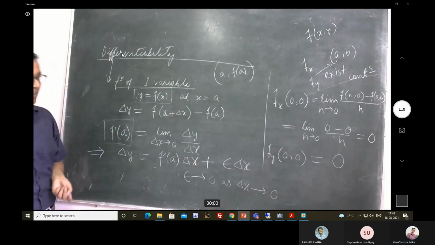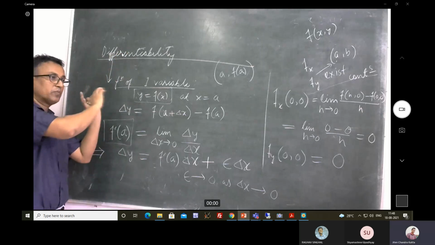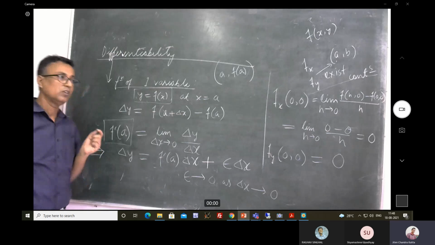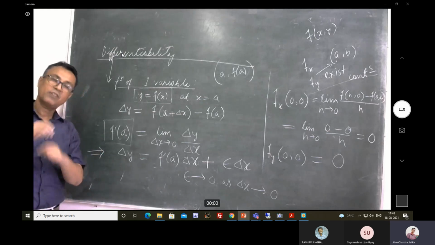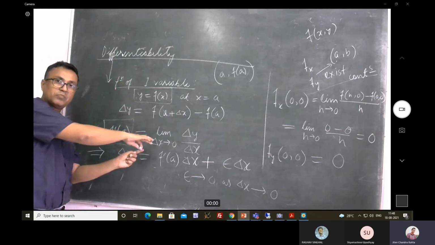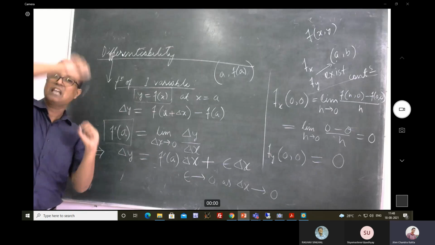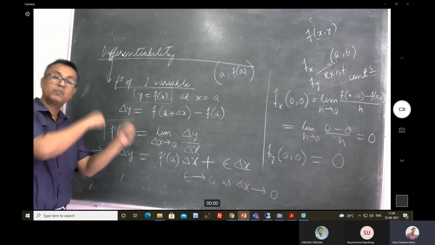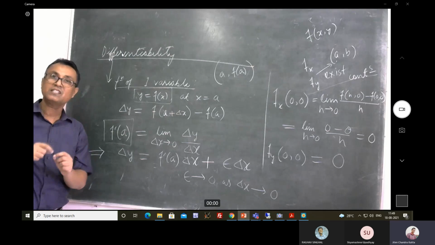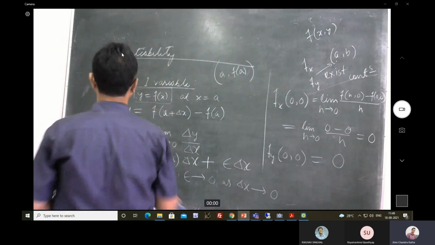So from the concept of differentiability of a function of one variable, we can also move to the differentiability of a function of two variables. In case of a function of one variable, we were taking the tangent line approximation, whereas for a function of two variables, we are going to take the tangent plane approximation.